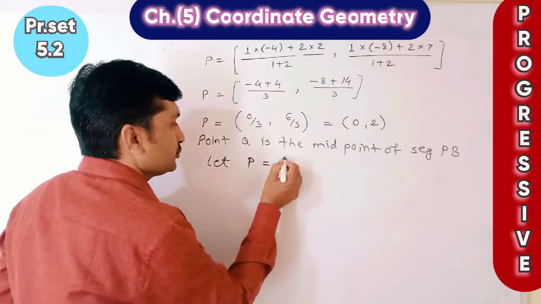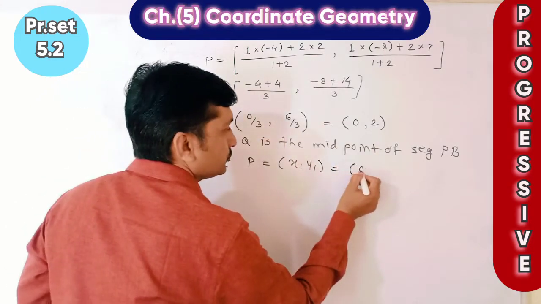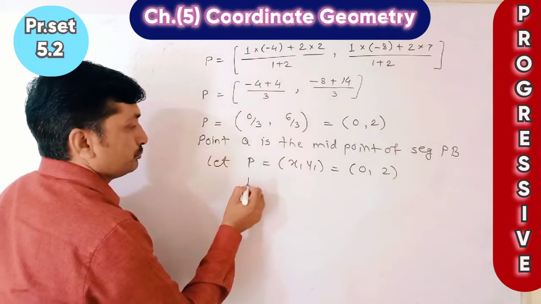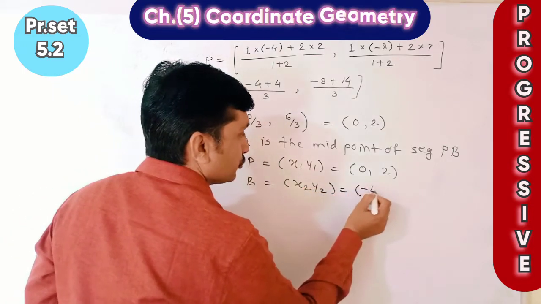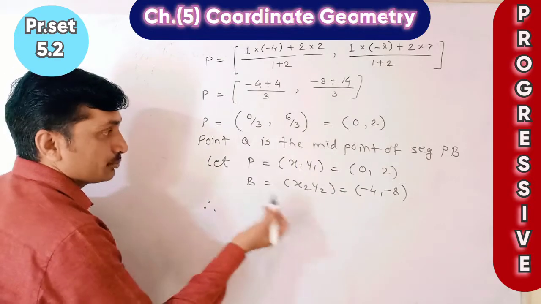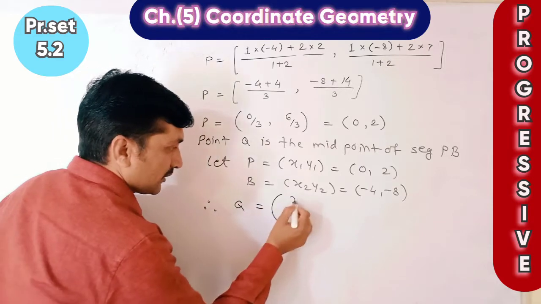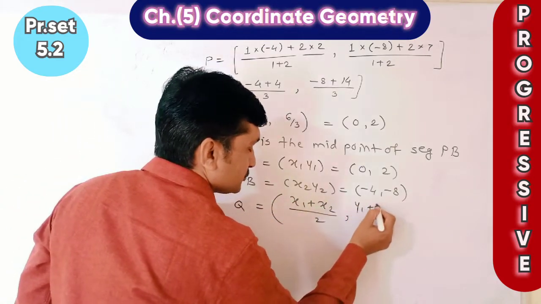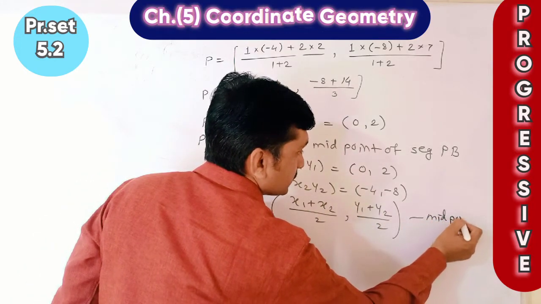Let P be (x1, y1), the coordinates of P are (0, 2). B is (x2, y2), the coordinates of B are given as (-4, -8). Now by the midpoint formula we find Q. Q is equal to ((x1 plus x2) upon 2, (y1 plus y2) upon 2), the midpoint formula.